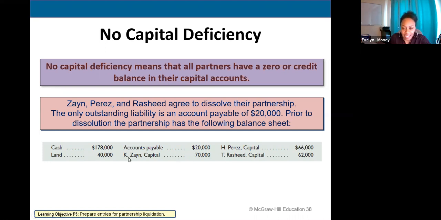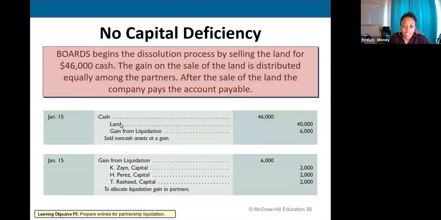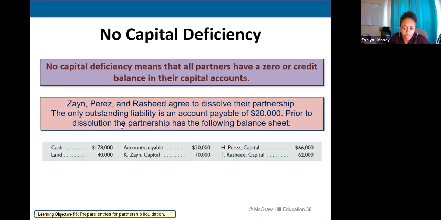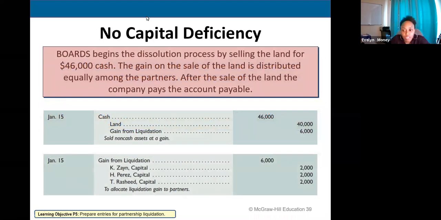So we have all of the assets and liabilities of this company, as well as the capital balances of our 3 partners. We sell off the land, because I believe that's the only asset we have other than cash. Yes, we sell off the land, and the land was sold at a gain.